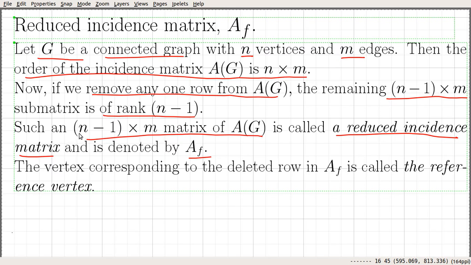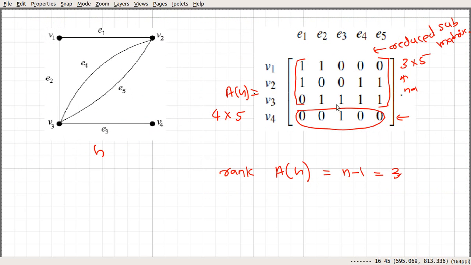Such a submatrix of order n minus 1 by m is what is called a reduced incident matrix, and it is denoted by A_f. Again, consider this particular graph: if you remove this row, then we have a submatrix of rank, in this case, 3. Similarly, if you remove any row, we will get a submatrix of order 3 by 5, and that is going to be of rank 3 in this case.